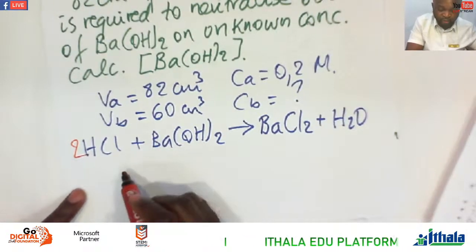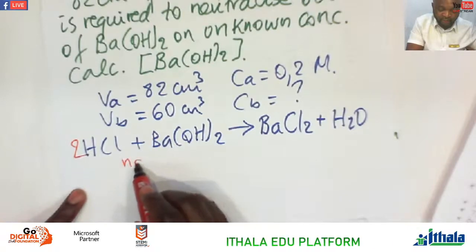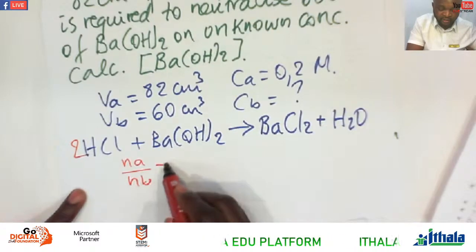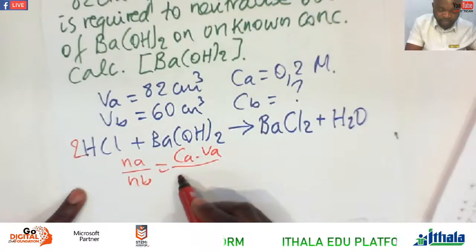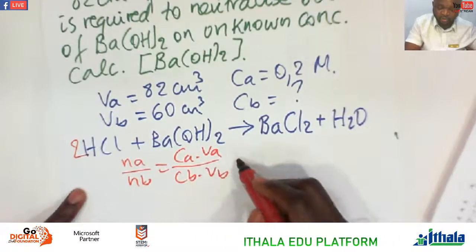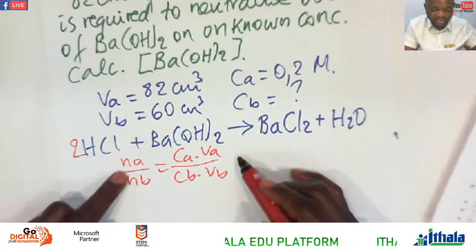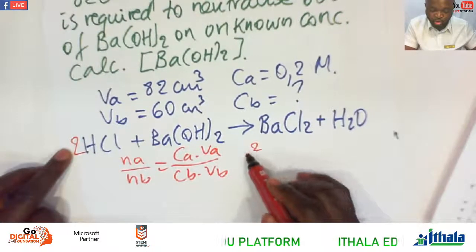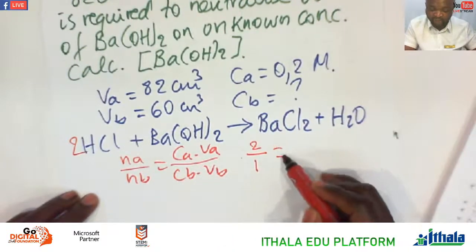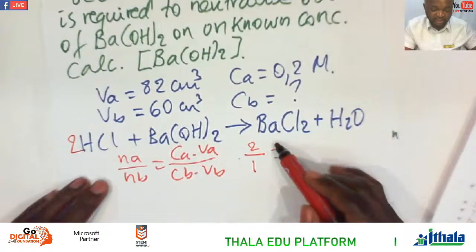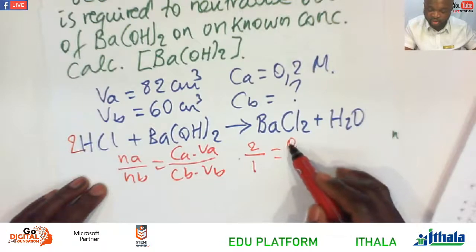So our formula is Na over Nb equals CaVa over CbVb. In that case, Na we know, it's 2 over 1, because the ratio is 2:1. Then the concentration of the acid we know is 0.2.